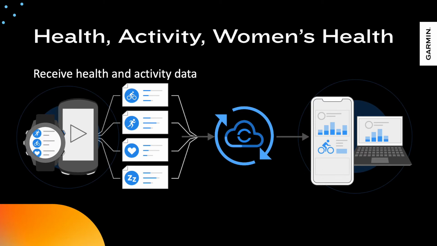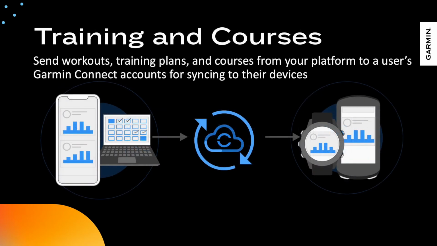This includes data recorded by a Garmin device, uploaded to Garmin Connect by partner apps, and data that the user enters manually. The next 2 APIs are the Training and Courses APIs, which allow you to send workouts, training plans, and courses from your application to a user's Garmin Connect account.